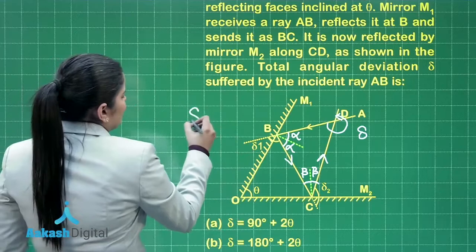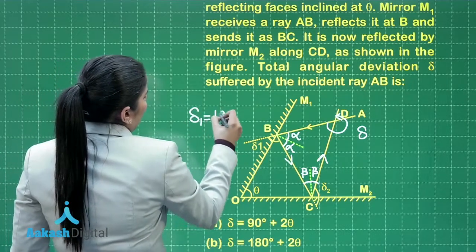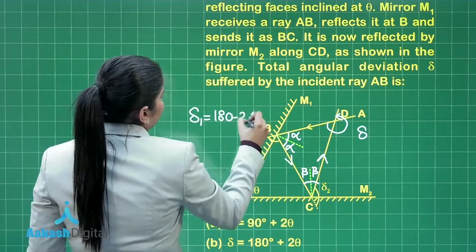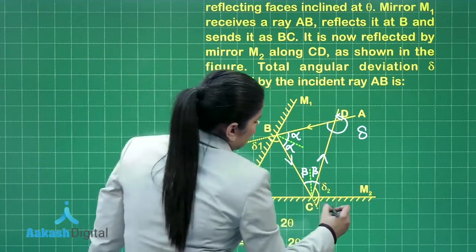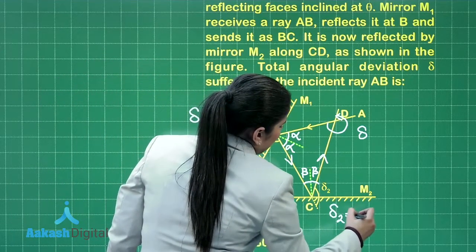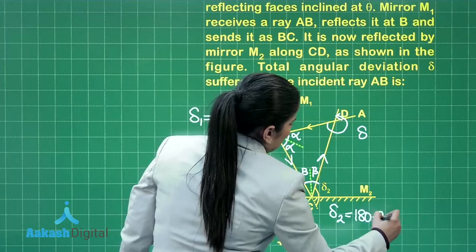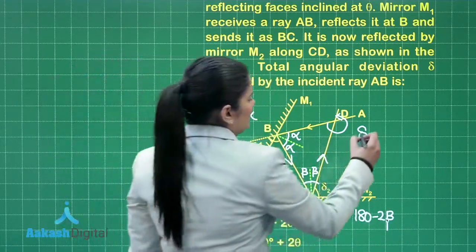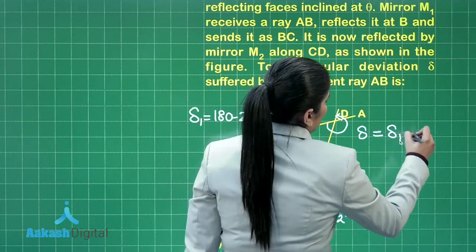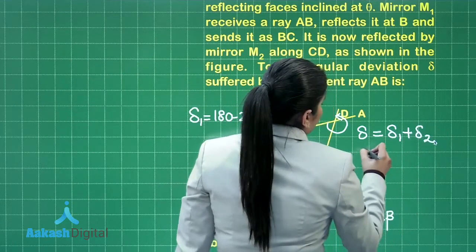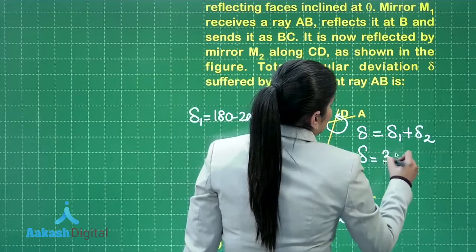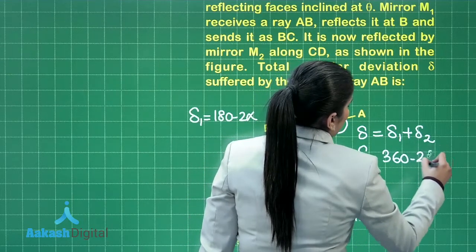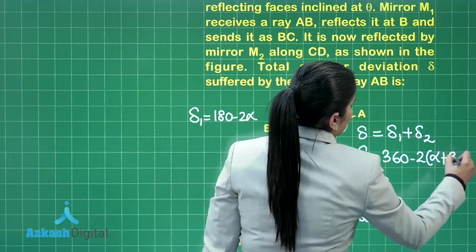So delta 1 will simply be 180 minus 2 alpha and delta 2 will simply be 180 minus 2 beta. Now what is the net deviation going to be? That will be simply the sum of delta 1 plus delta 2. So that will be 360 minus twice of alpha plus beta.